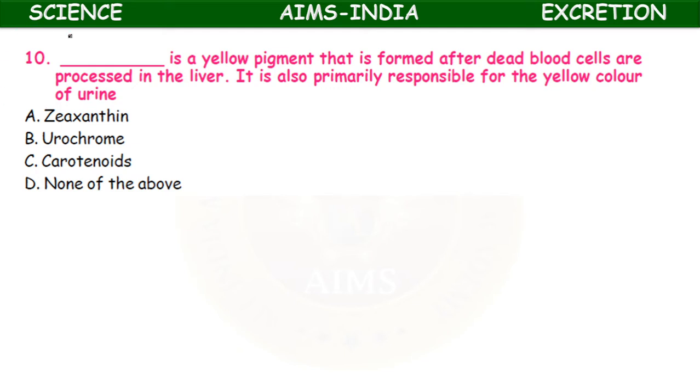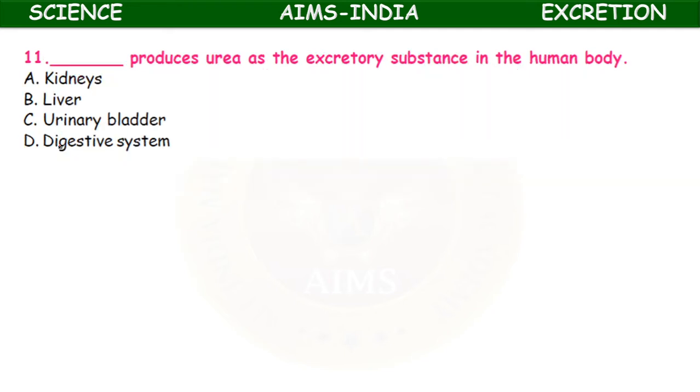It is urochrome, the pigment which is present in the urine which gives the yellow color. Okay. Next, dash produces the urea as the excretory substance in the human body: kidneys, liver, urinary bladder, digestive system. It is the liver which produces urea, filtered by kidneys.